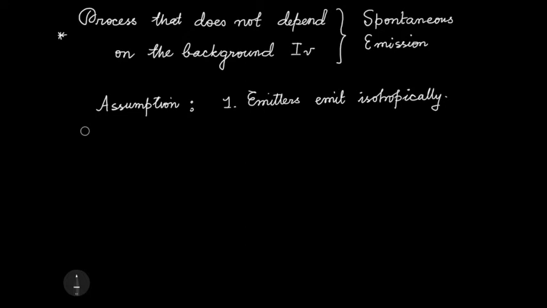It doesn't know which direction it will emit more. If you have studied the emission from an electric dipole, you know that it doesn't emit isotropically. It emits more in some directions and doesn't emit at all in others. But here we are assuming that the emitters are emitting isotropically.